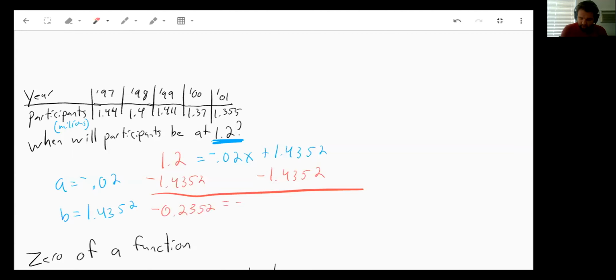That's going to equal negative 0.02x. Now we can divide by that negative 0.02 on both sides, and we come out with x equals about 11.76, or about 12 years.